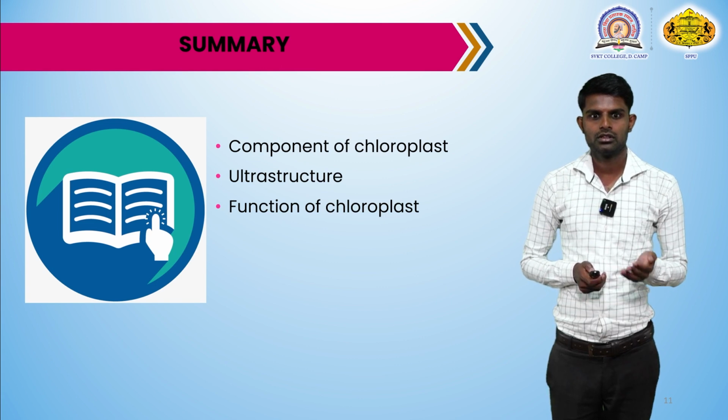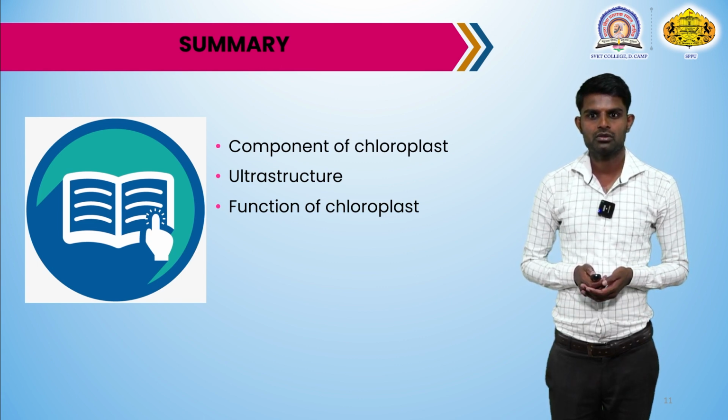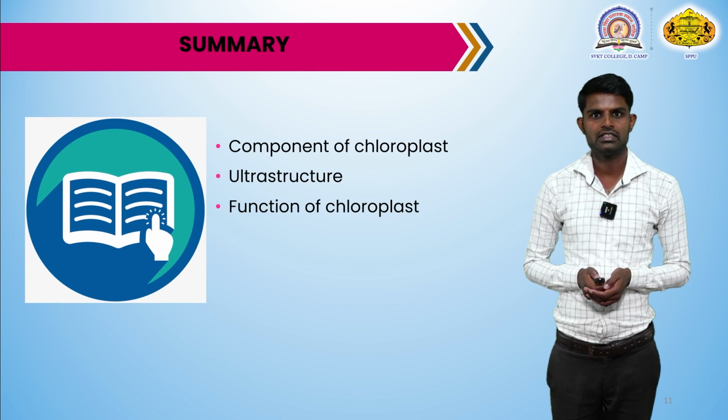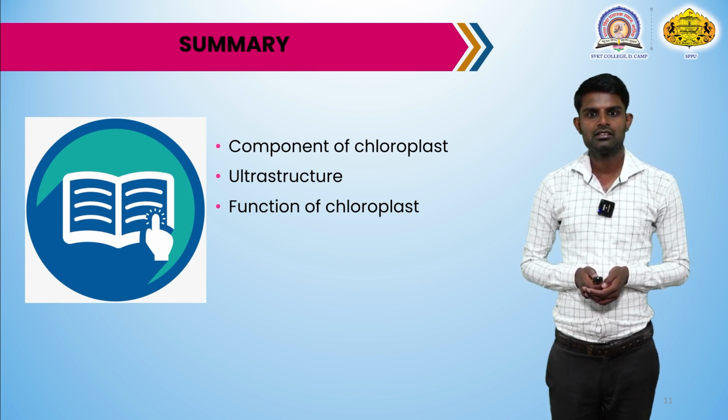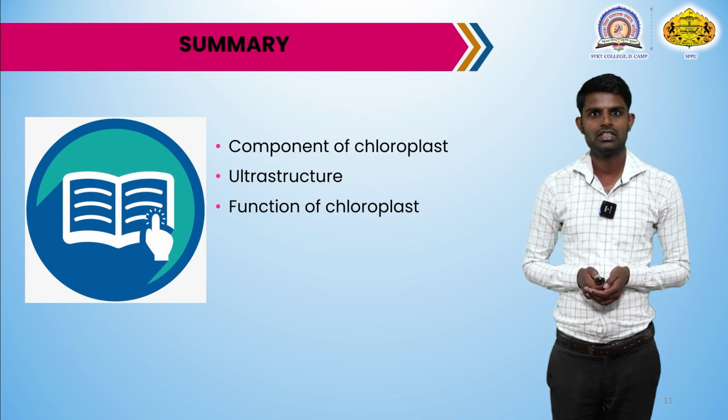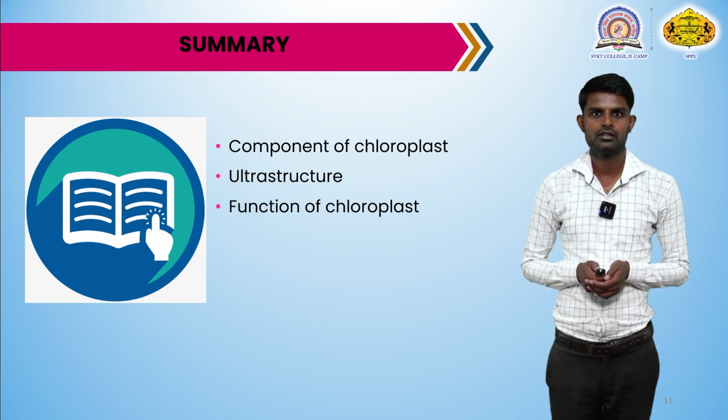There are four main components of the chloroplast: the outer membrane, inner membrane, stroma and thylakoid membranes, discussed in today's session. Then we also studied the ultrastructure of the chloroplast, which can be seen only in the electron microscope, as it is a highly complex structure, and also listed some functions of the chloroplast. All these three points were discussed in today's session.